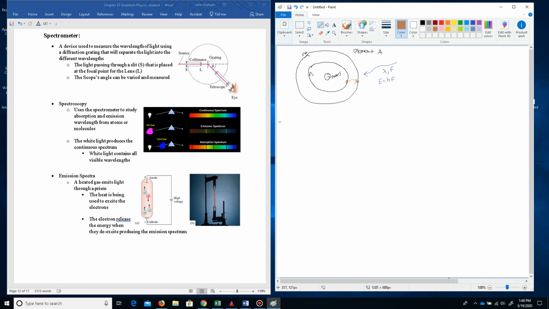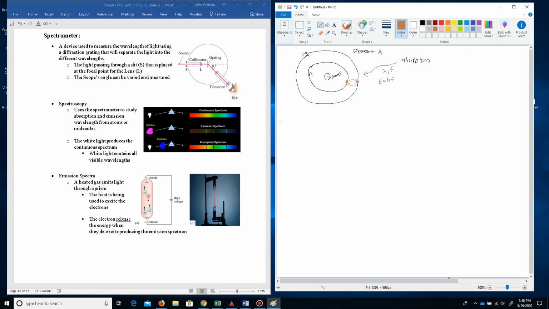And so this is the idea of absorption. When this element is absorbing a certain amount of energy and making that jump, then over time this electron will eventually jump back.